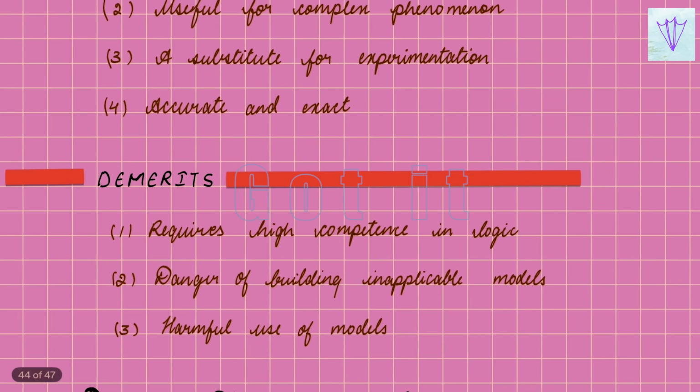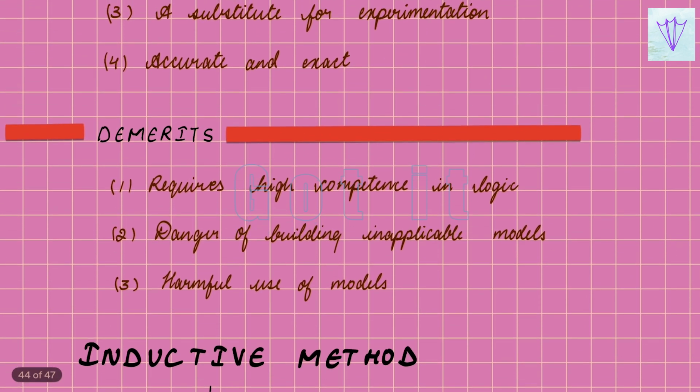Coming to the drawbacks, it requires high competence in logic. You have to be logical, understand and elaborate properly, and all these things require a lot of attention. There is a danger of building inapplicable models. Sometimes you'll be thinking of certain things which may not practically be applicable. And there is harmful use of the models.